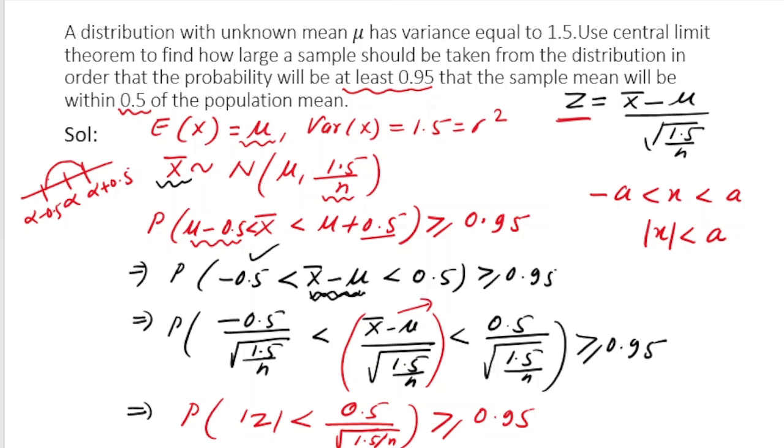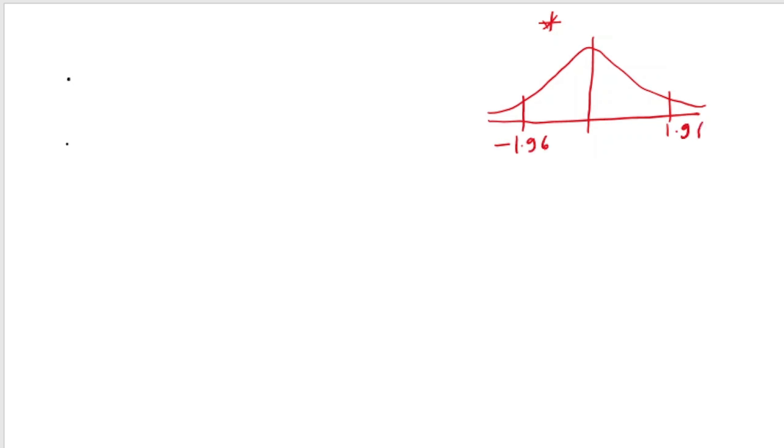Now there are two things that I am going to talk about. One is a standard, a star point I am highlighting, that if you look at the normal distribution curve, this is how it looks, right? And this is an important information, that 95% of the area under the normal distribution curve lies between minus 1.96 to 1.96, right?